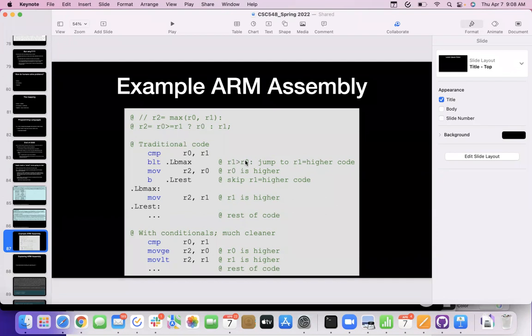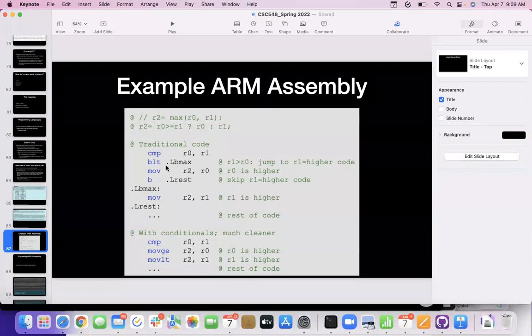So if R0 is less than R1, we want to jump to this label right here, and move R1 into R2 because R1 is the higher value. Remember, we're solving the problem of finding the maximum value. Compare them. If R1 is the maximum value, move R1 into R2.